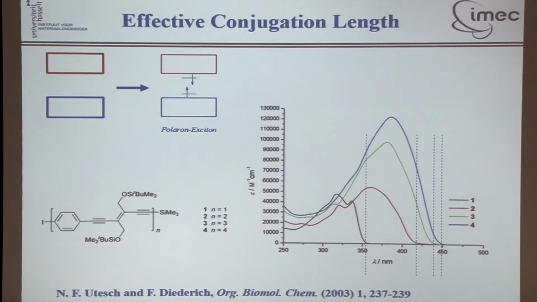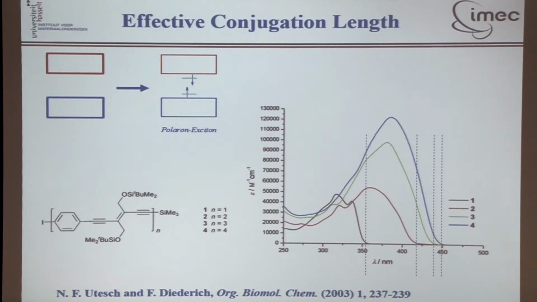Now, another concept that we have to define is the effective conjugation length. When you look at a series of oligomers, you have here an example. This is from a paper some 10 years ago, where they synthesized a series of compounds where this part is extended.